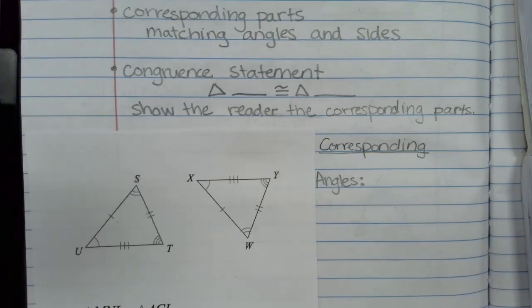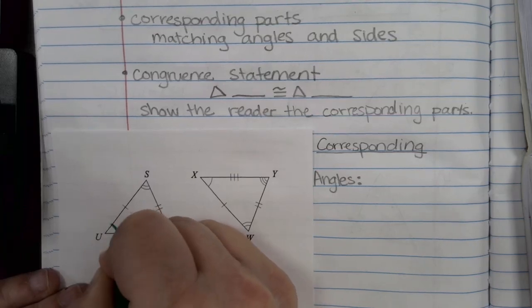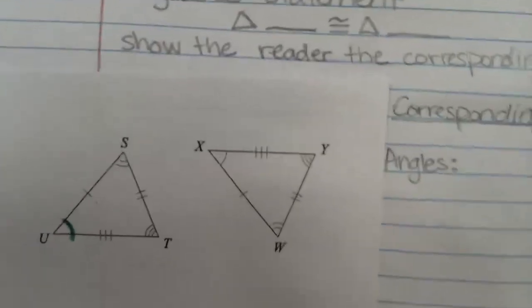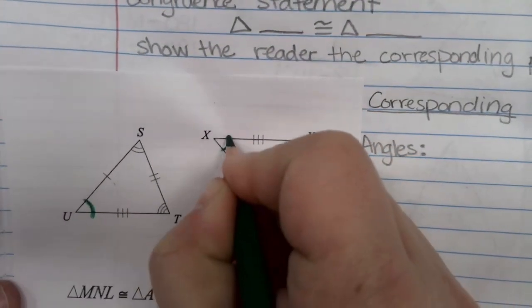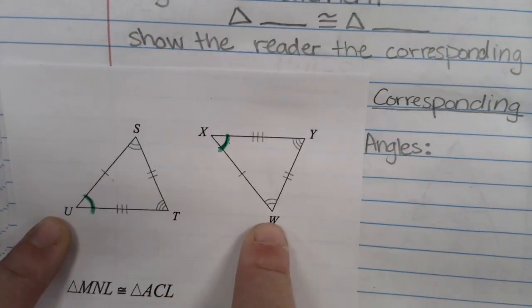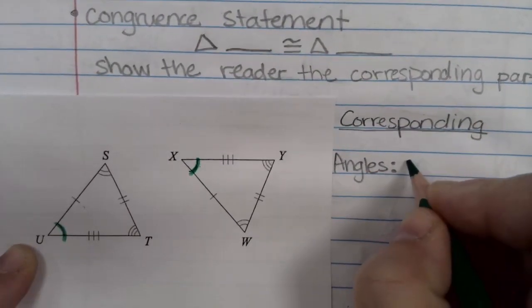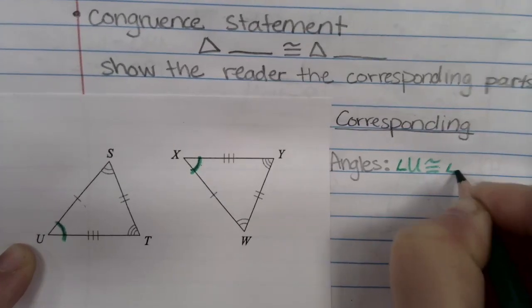So for example, if I look at angle U, what angle does that match with on the other triangle? Good. What tells you that it goes with angle X? Because to me it doesn't look like they're in the same position. To me it's like U and W would maybe go together. Good. The arc says that they are congruent. So angle U is congruent to angle X.